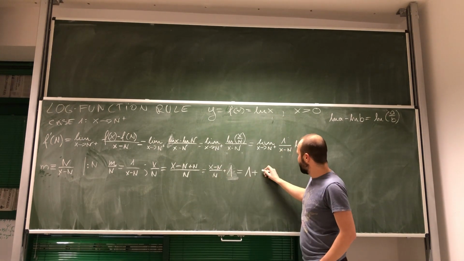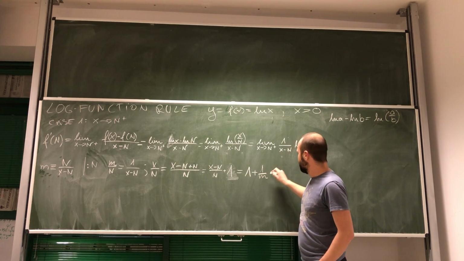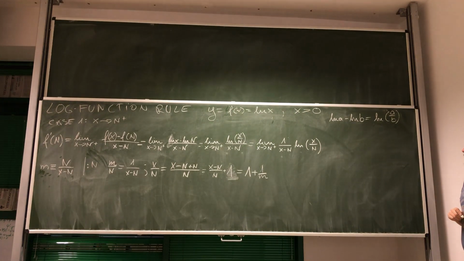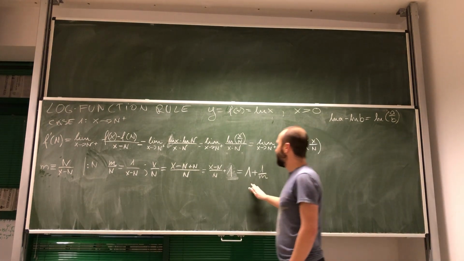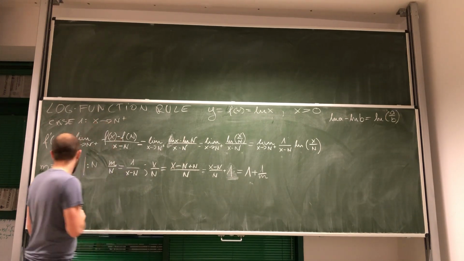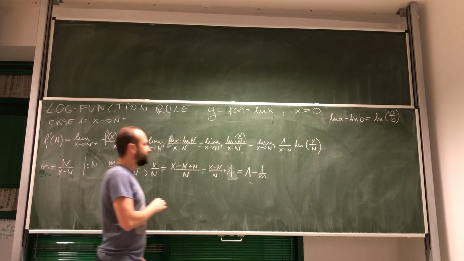So this is nothing more than 1 divided by n. And look, this means that at this moment we have everything we need to replace the variables we've got over here. So let's now do it.